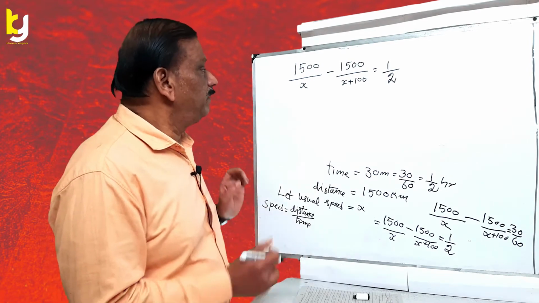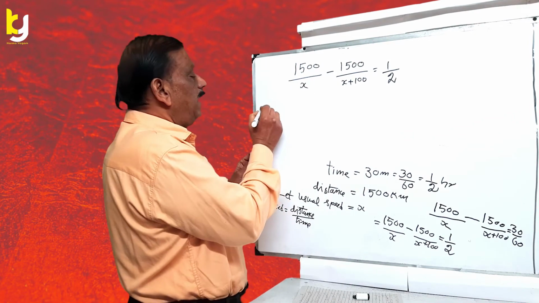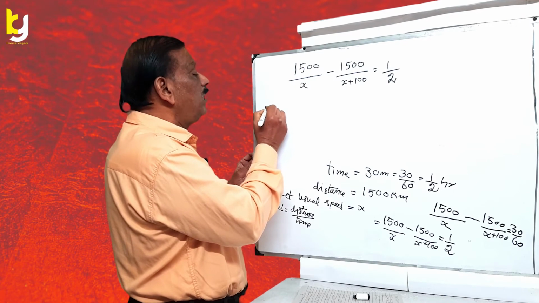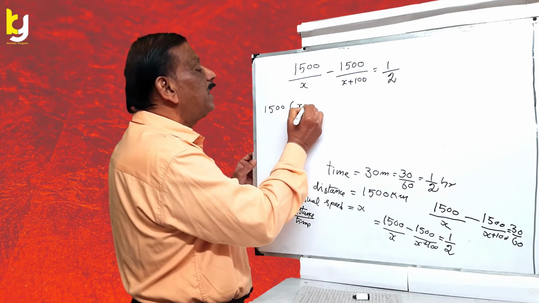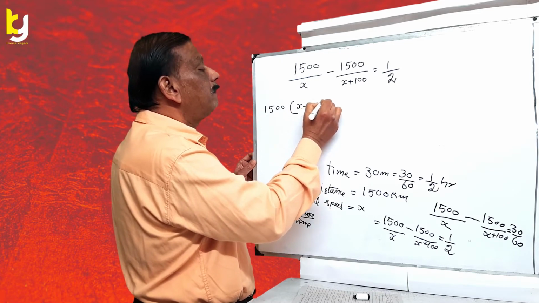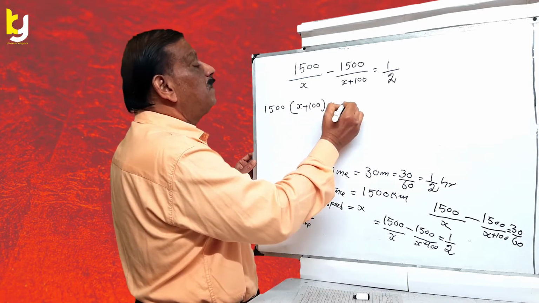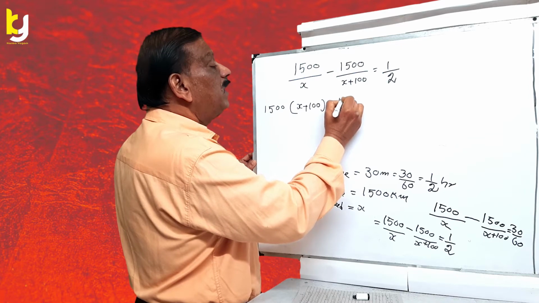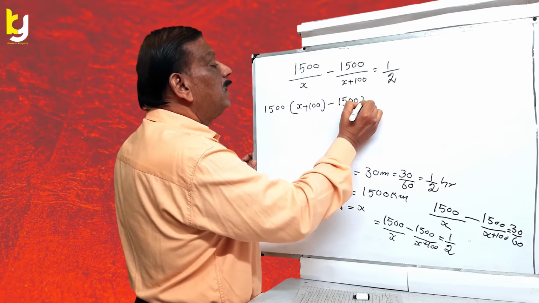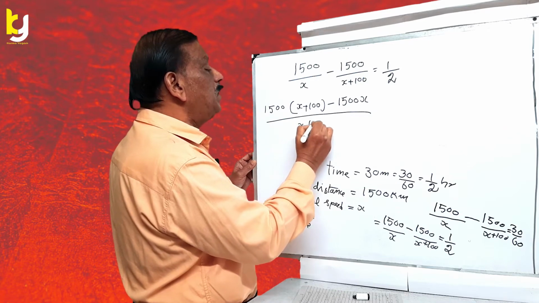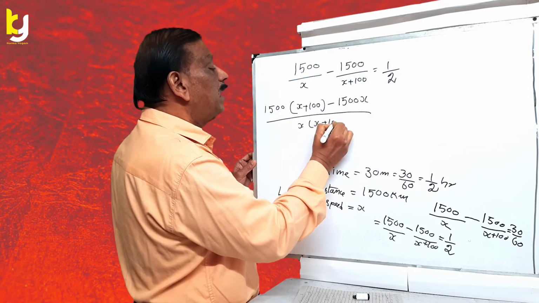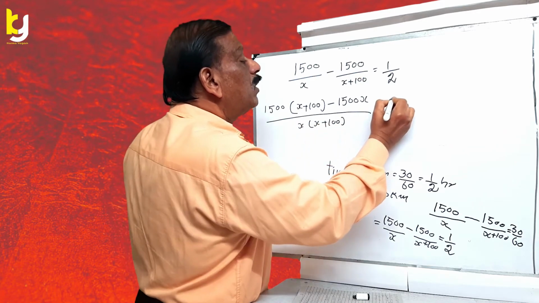Then simplify. That is 1500 into x plus 100 minus 1500 into x, whole divided by x into x plus 100, that is equal to 1 by 2.